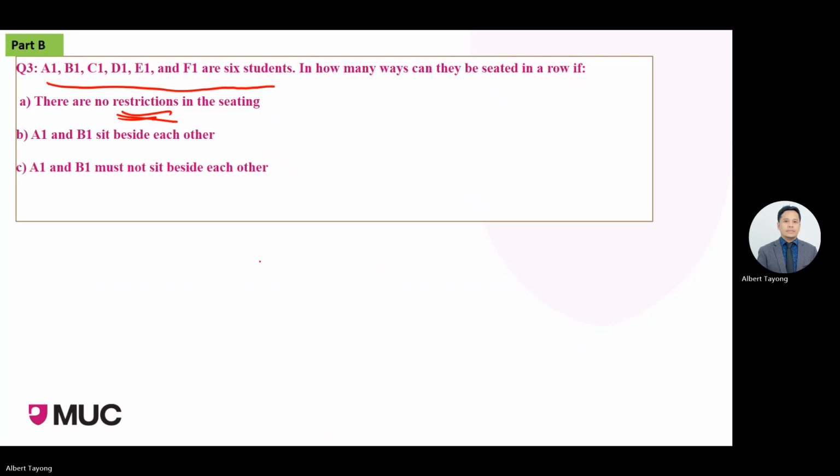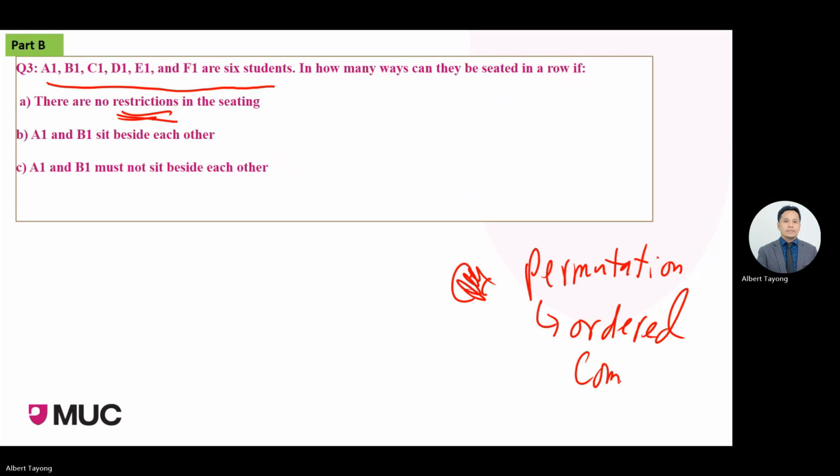But here we are talking about not combination. We're talking about permutation. Anyway, it is combination, but special. It's ordered combination. This is an ordered combination because we talk about how many ways they can be seated in a row.